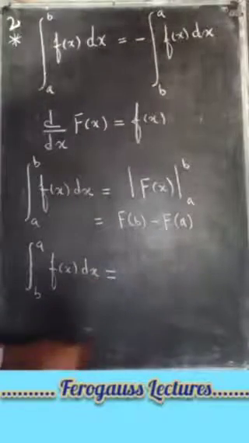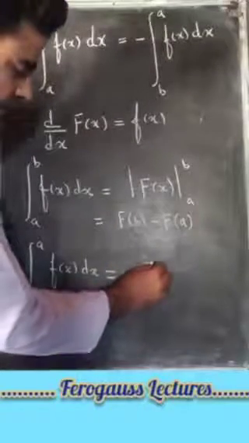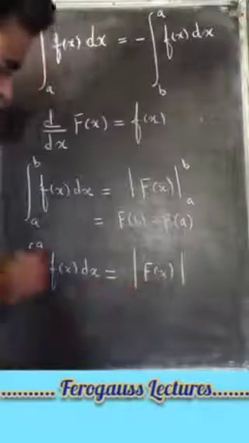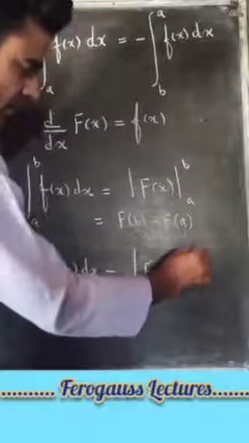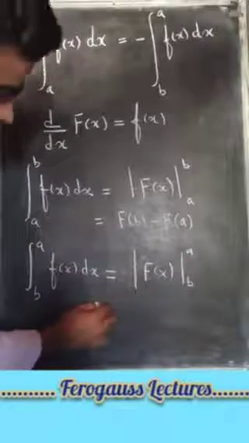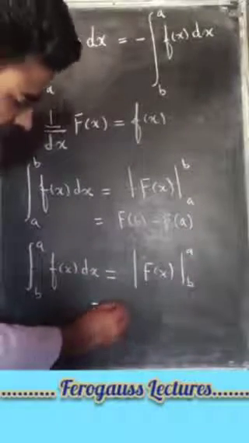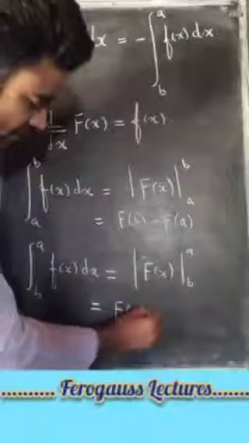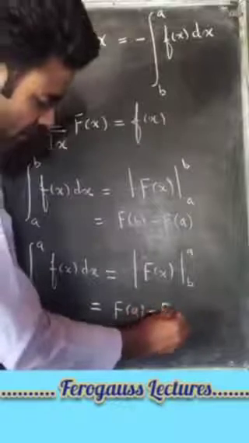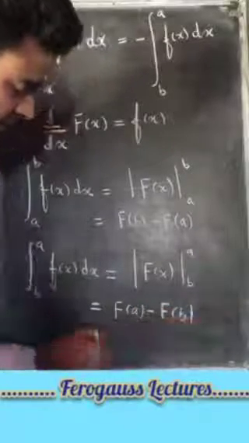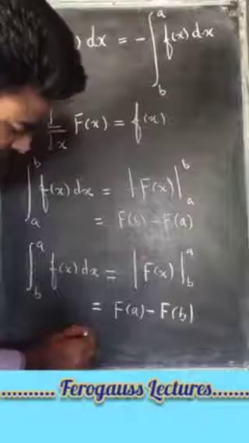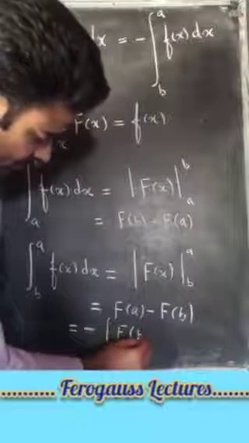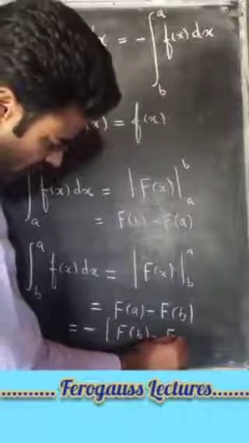Again, by the fundamental theorem of calculus, this is equal to capital F(x) with limits from b to a, that is further equal to F of upper limit, which is a here, so it is F(a) minus F of lower limit, that is F(b). Take minus common, so it is minus times F(b) minus F(a).